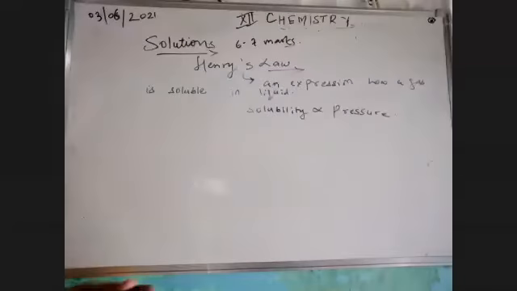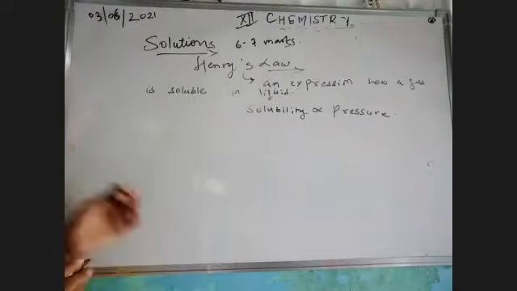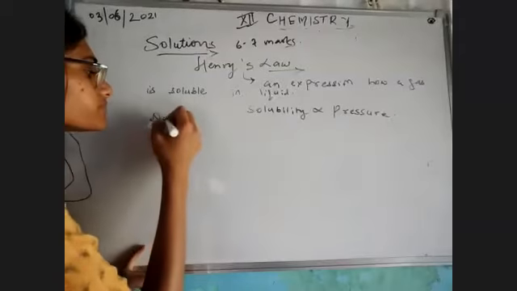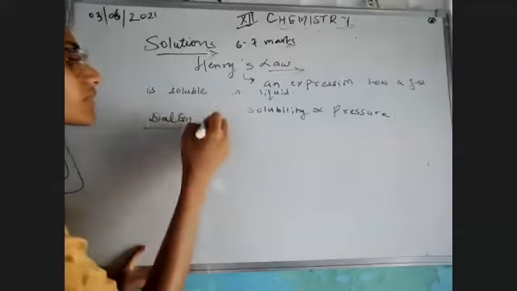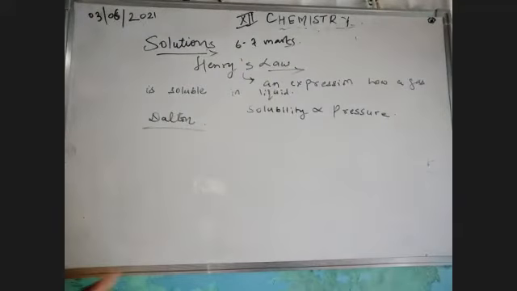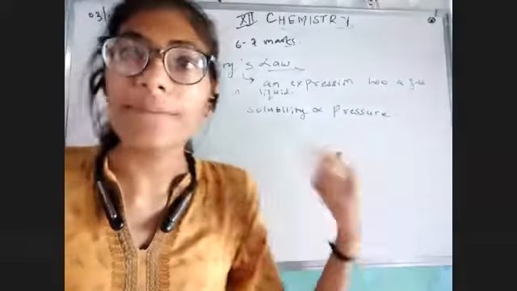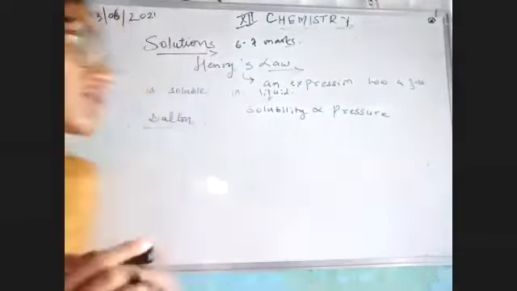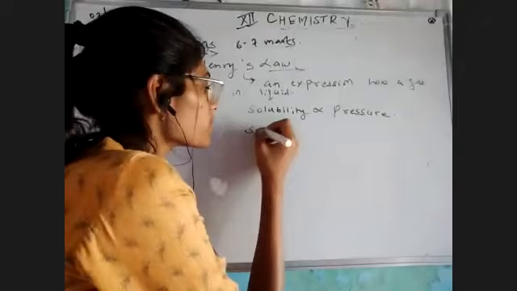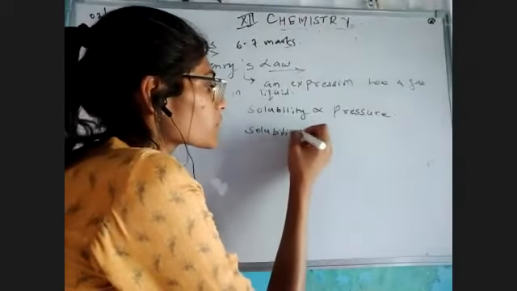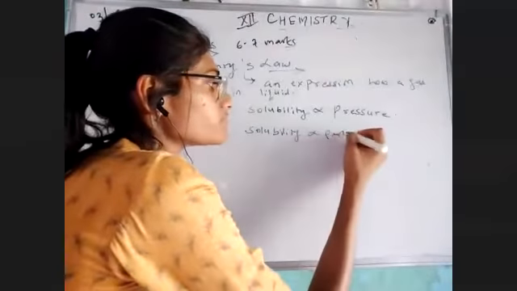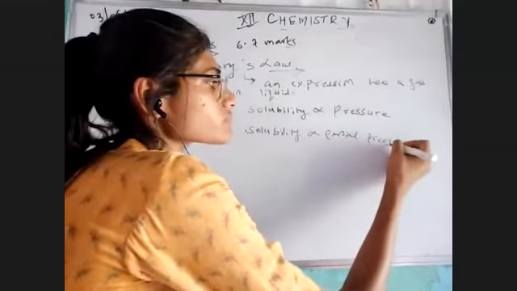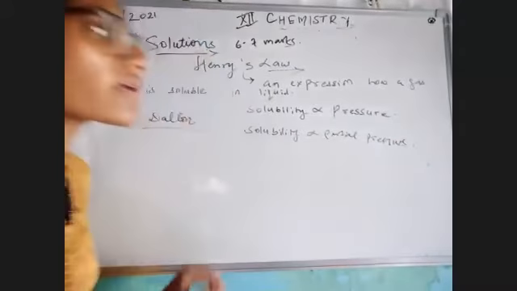Moreover, there was a scientist named Dalton. Dalton told us that actually this is not pressure, this is the partial pressure which is directly proportional to solubility. So he changed it to solubility directly proportional to partial pressure, with which Henry also agreed.